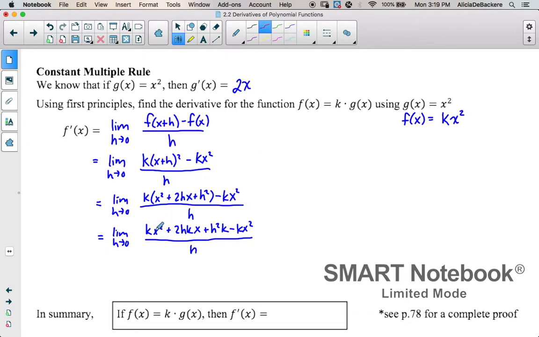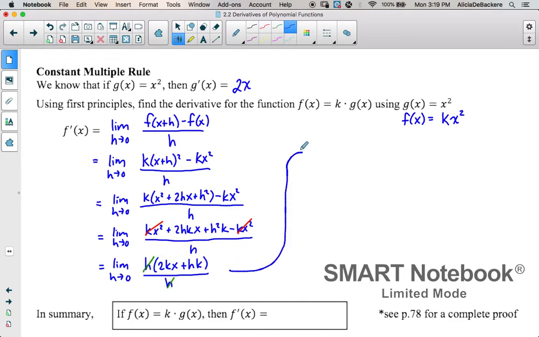And what I get here is kx squared minus kx squared. So those guys cancel out. And now I'm left with an h that I can common factor out in the numerator. Those h's cancel away.